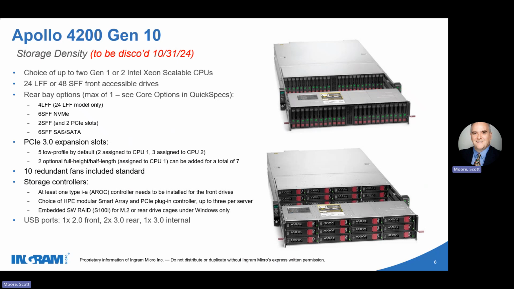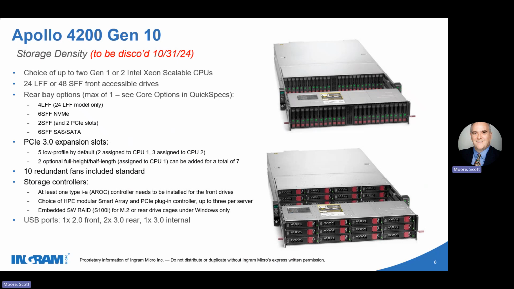So I'm doing either 24 large form factor, split between 2 cages, or 48 small form factor drives, also split between 2 cages. So this is essentially a DL380 with double the number of hard drives. Dual processor capable, 2U, large amount of storage. So just think of it as a DL380 with twice the number of hard drives.